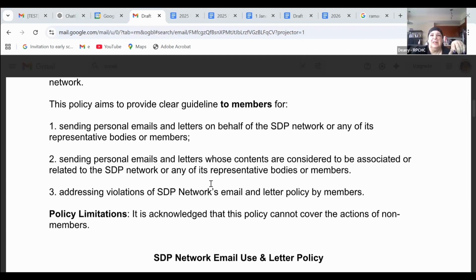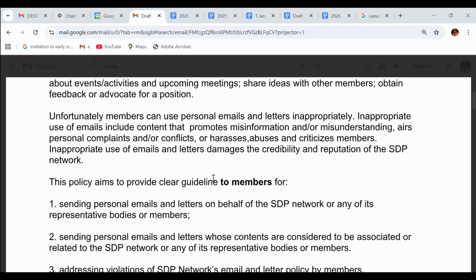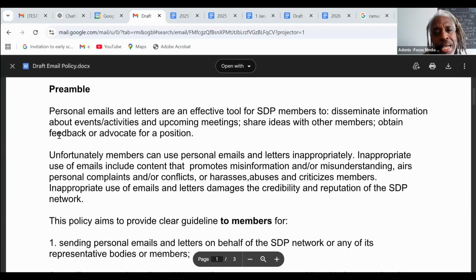No, he said more than that. I'm saying more than that. I'm saying if someone sends a personal email that actually slanders a member of the SDP and names it, slanders a working group and names it, or slanders the SDP, and they are a member, then this should apply to them as well.